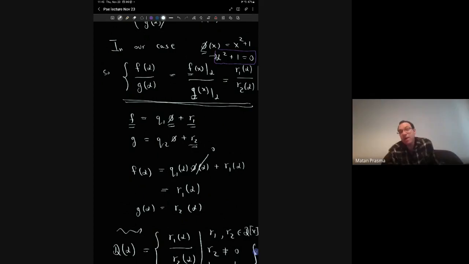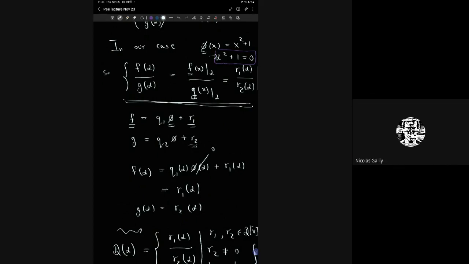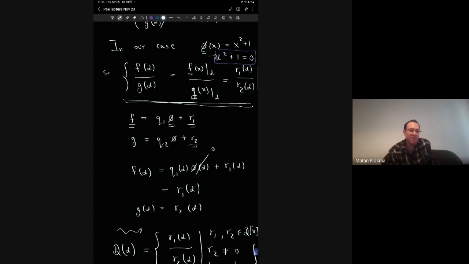We don't know the roots of these things, but we just define the Q of alpha like this, so we know that in this field Q of alpha there's going to be a root. Yes, of course. If alpha was already a root in the original field, then you don't add anything.